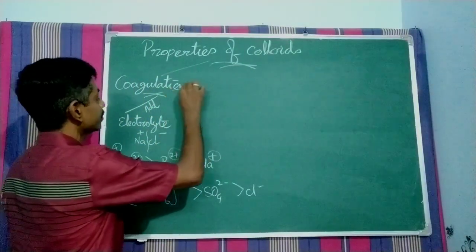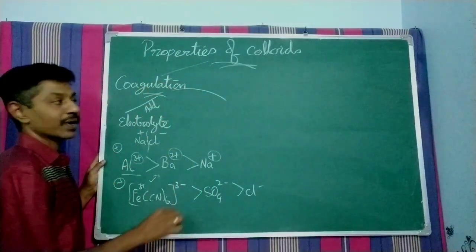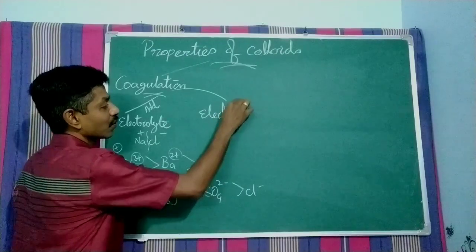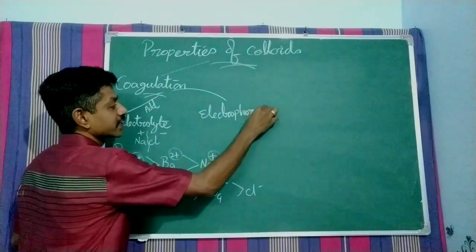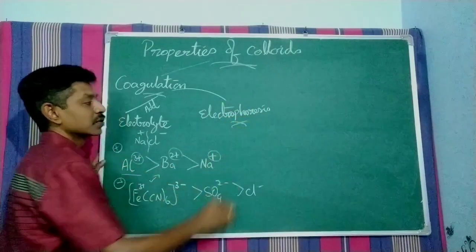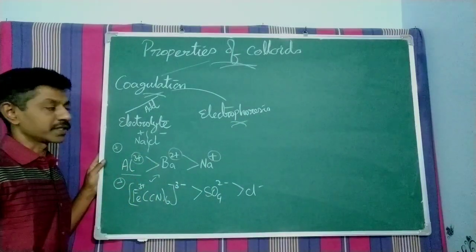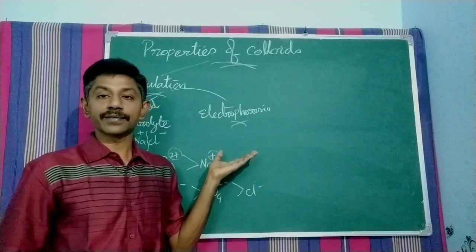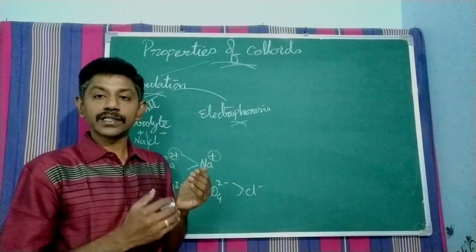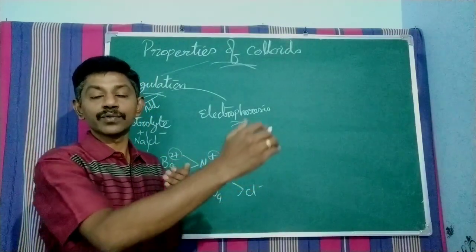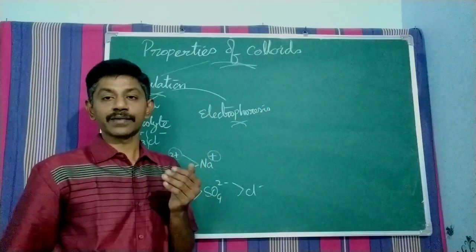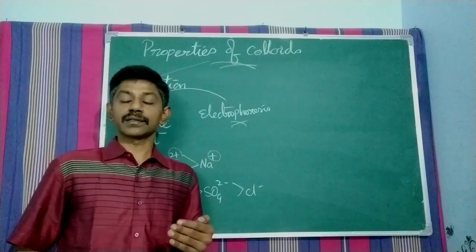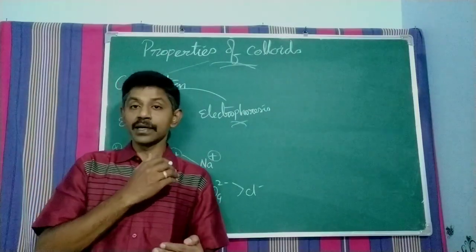The second factor influencing coagulation is electrophoresis. Do you know what is meant by electrophoresis? In electrophoresis, a colloidal solution's charge can be identified. Negatively charged particles move towards the positive electrode, the anode, and positively charged particles move towards the cathode.